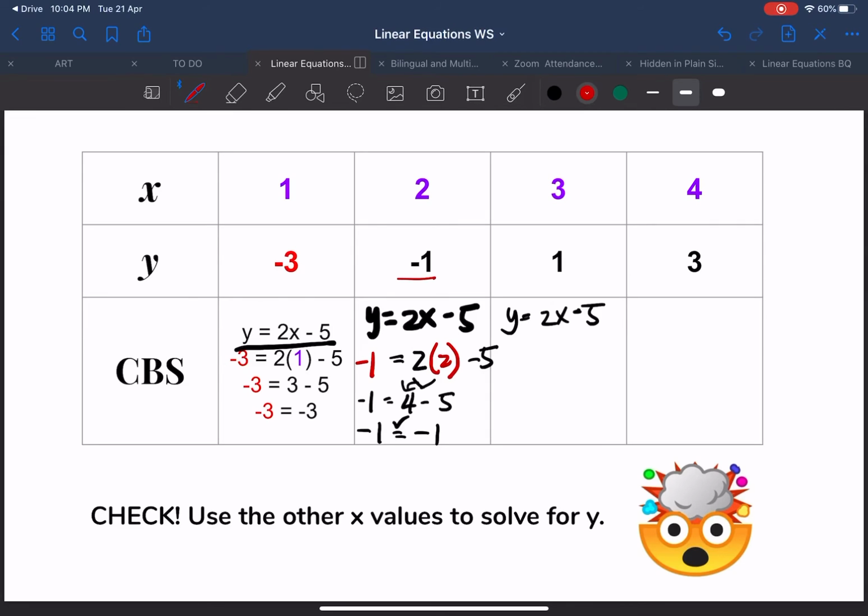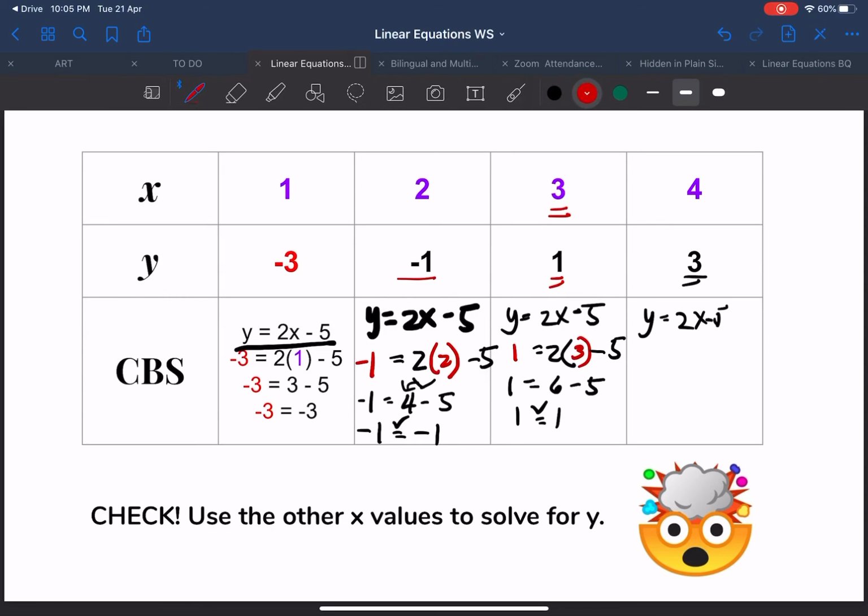Again, y is 1, equal to 2, and what is x? X is 3, minus 5. So 1 is equal to 6 minus 5. 1 is equal to 1. And let's do the last one. Again, start with your basic equation, 2x plus negative 5.